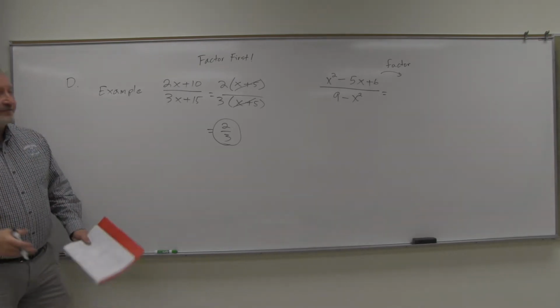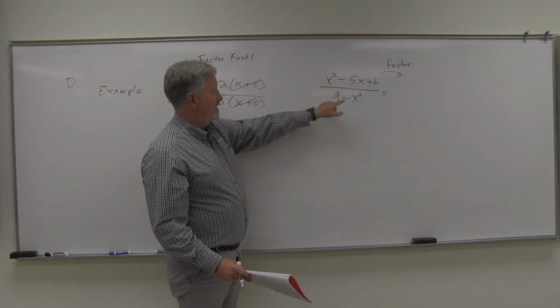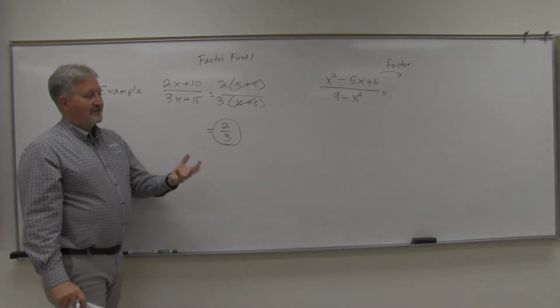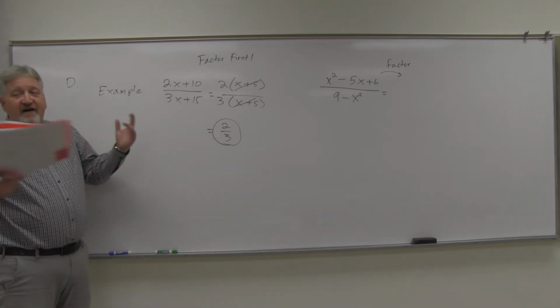Well, the same thing with trinomials, right? We've got a trinomial, 1, 2, 3, trinomial, and then we've got a binomial. Neither one of those match up, and we can't just go canceling things because it's got to be factors.